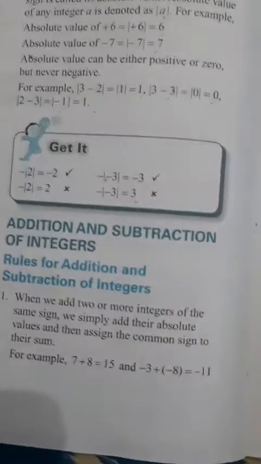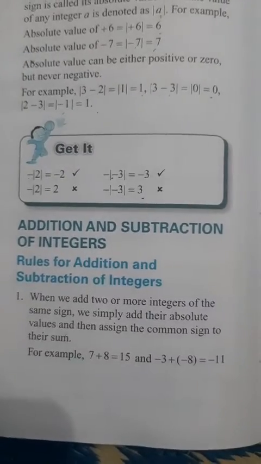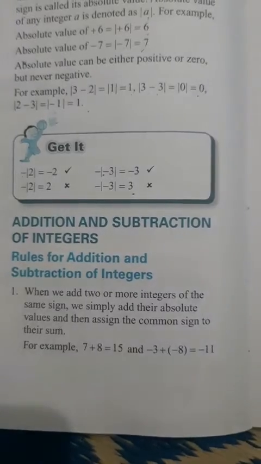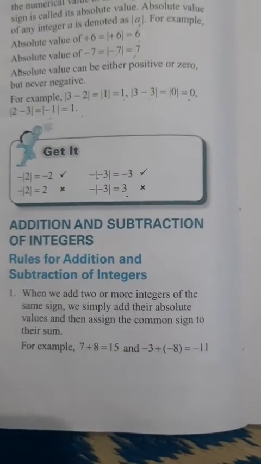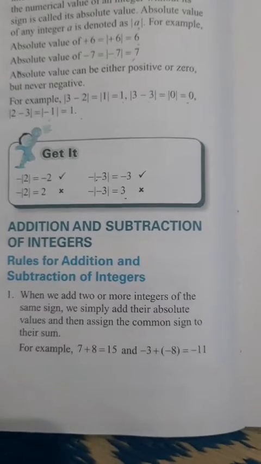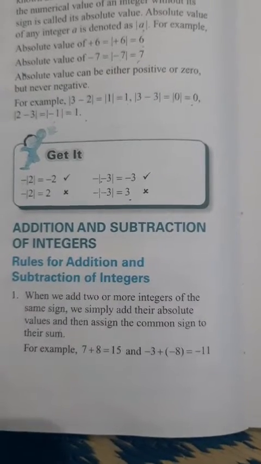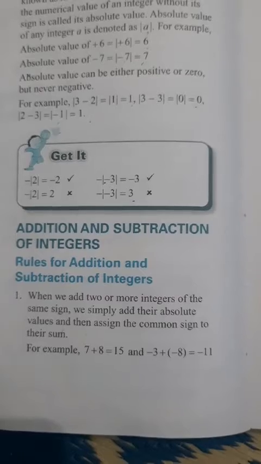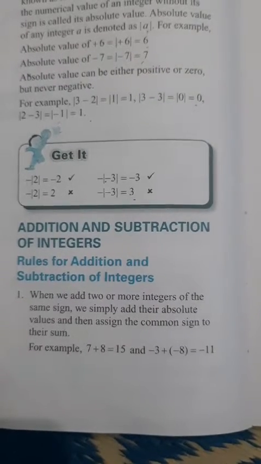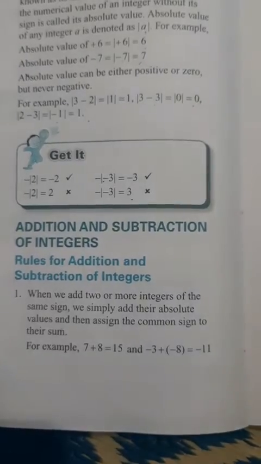Which means when they are giving both are plus, both are minus. So in addition, if both are plus means you want to add and put a plus symbol. Both are minus means you want to add and put the minus symbol. When there is a same sign, you should add and put the sign.